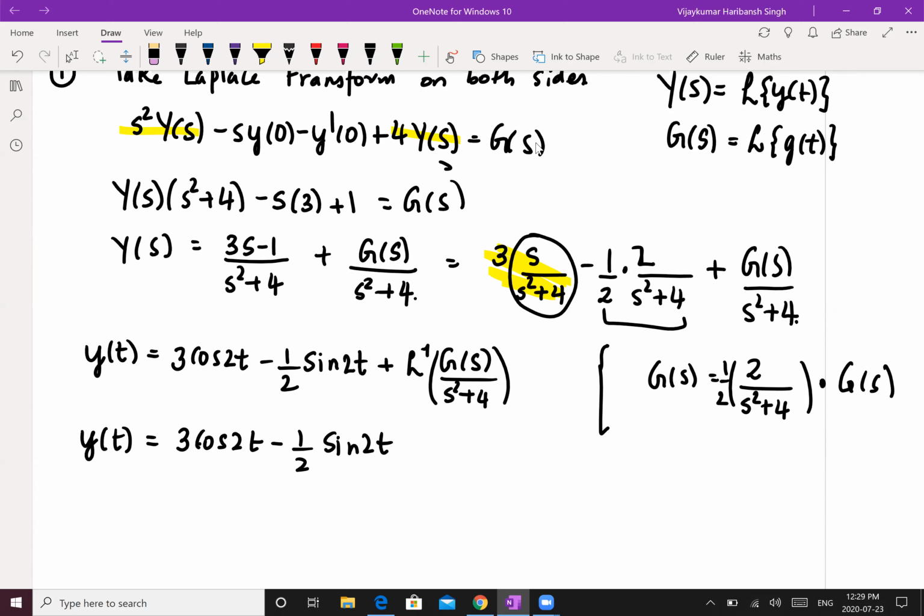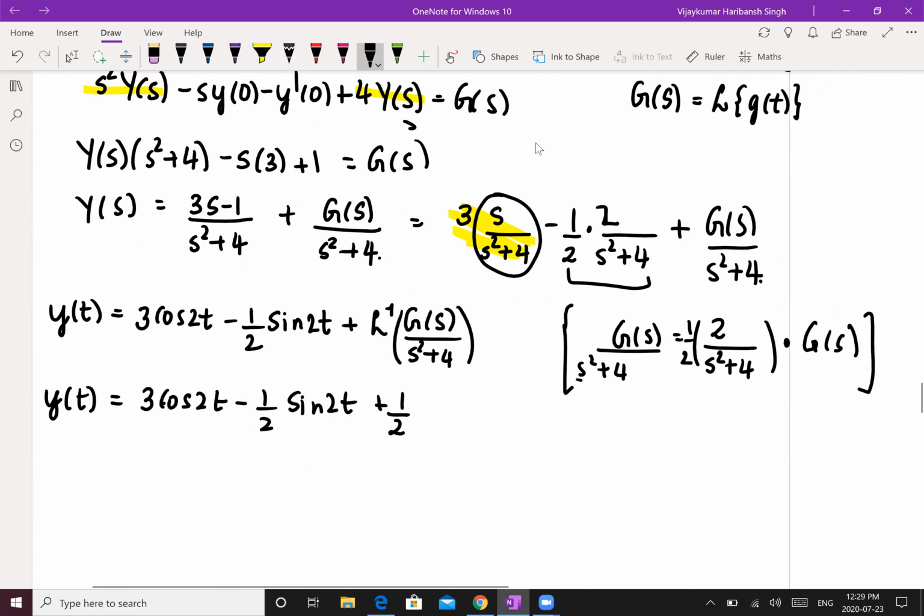So this is what my g upon s square plus 4 can be seen as. So now when I break it, it's going to be the convolution of half. What is the Laplace inverse of this? Just this part here is the Laplace transform of sine of 2t.